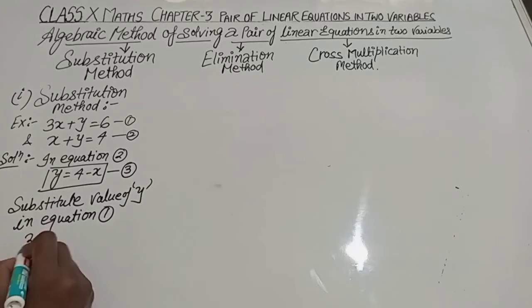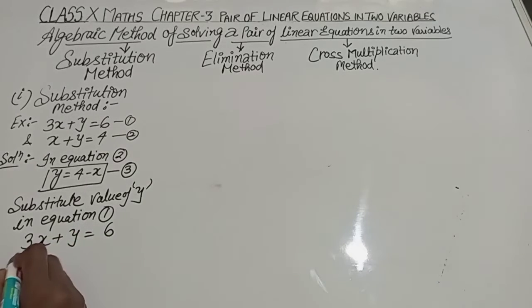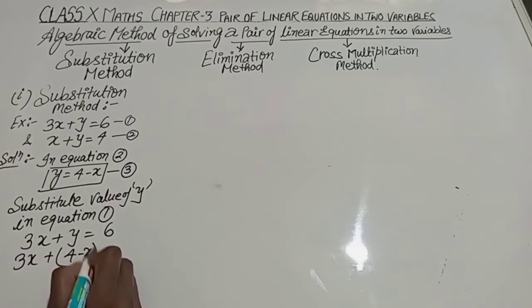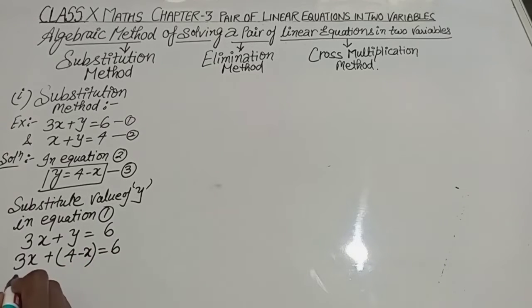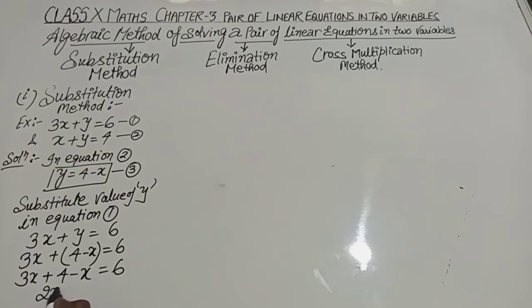So 3x plus y is equal to 6. So 3x plus 4 minus x is equal to 6. So 3x minus x is 2x, plus 4 is equal to 6.